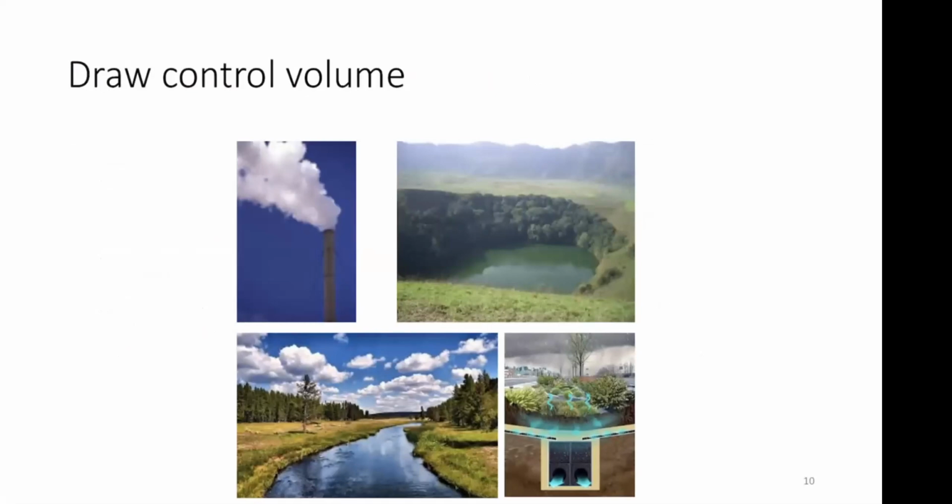So now, if you are interested in how much gas, let's say this is a chemical plant and it releases some fume, and you want to know how much fume is distributed across the atmosphere. Or if your home is here, you want to know how much contaminant is coming to your system by storm flow. So how do you define the boundary?